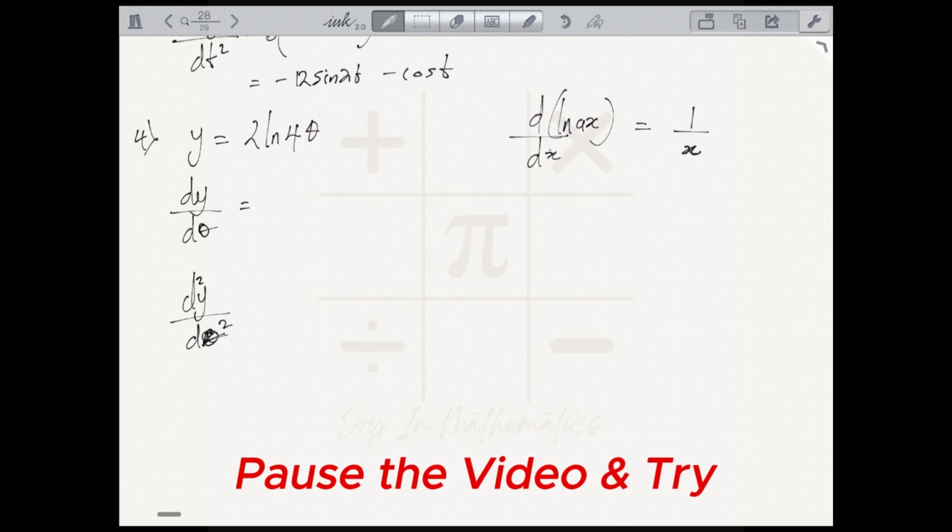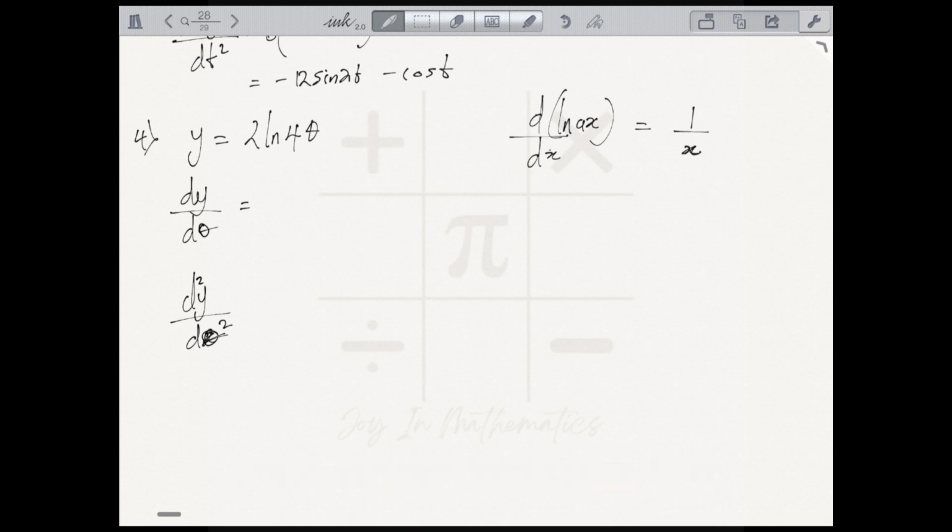Now dy/d theta in this case is going to give us 2 over theta. Now 2 over theta, we have to differentiate it again. So let's write it in the format of indices. This gives us 2 theta raised to the power minus 1. Now we can differentiate this, and let's apply the principle of a x raised to the power n to give us a n x raised to the power n minus 1.